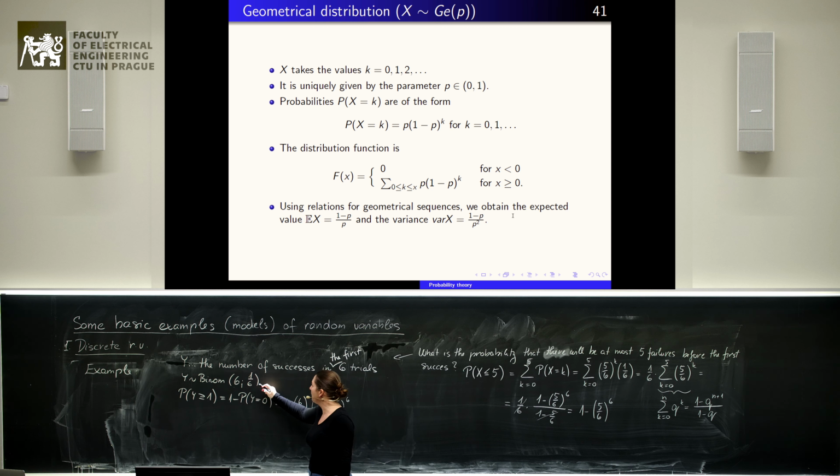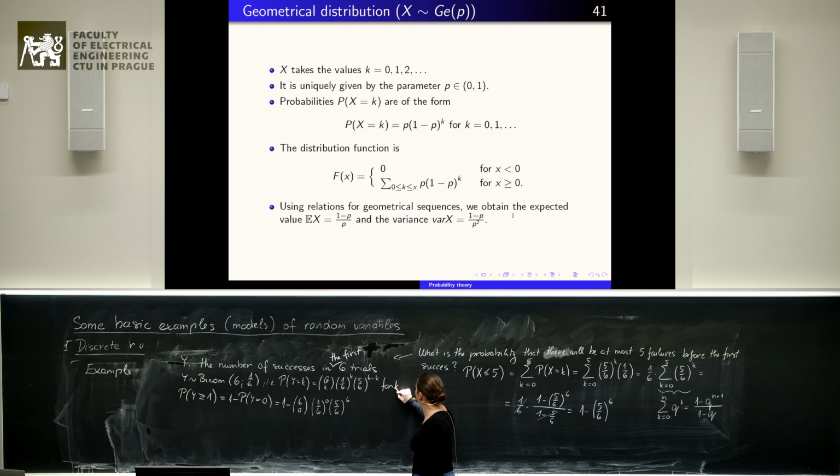Because Y having binomial distribution means that the probability that Y is equal to k is 6 choose k times 1 over 6 to the power k times 5 over 6 to the power 6 minus k, for k 0, 1, and so on till 6. So in our case, we care about the probability that Y is equal to 0.